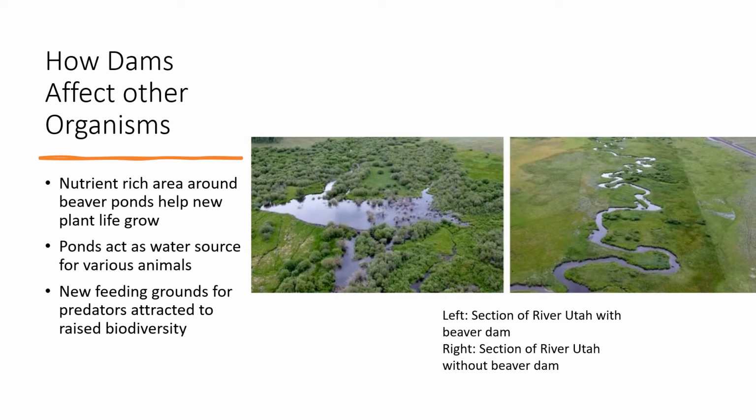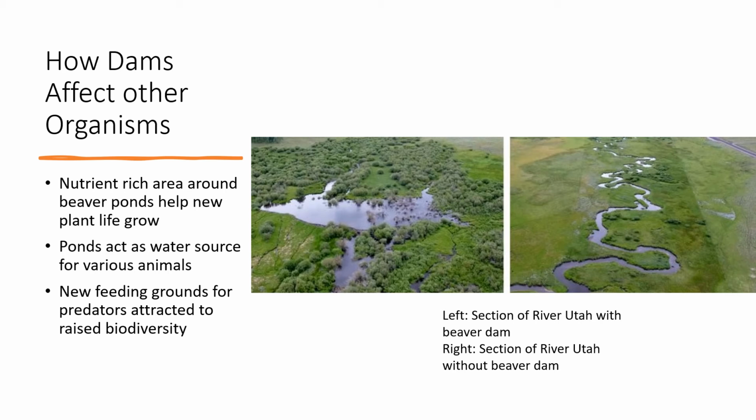And you can see it's very uniform, and there's not a lot of plant life other than grass around the river. But in the photo to the left is another section of the river Utah that does have a beaver dam, and you can see there's a lot of pooling of water. There's a lot more larger shrubs around this area here. So you can just see that there's a lot more life abundant in the area with the beaver dam.